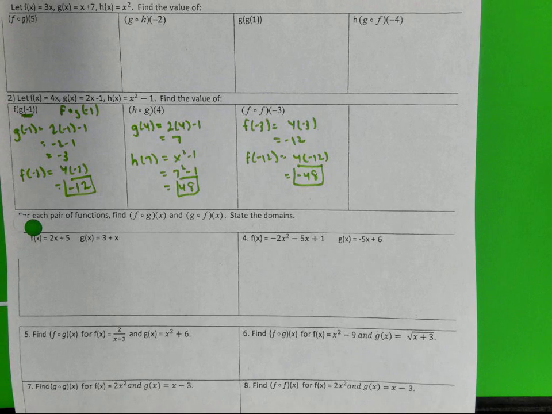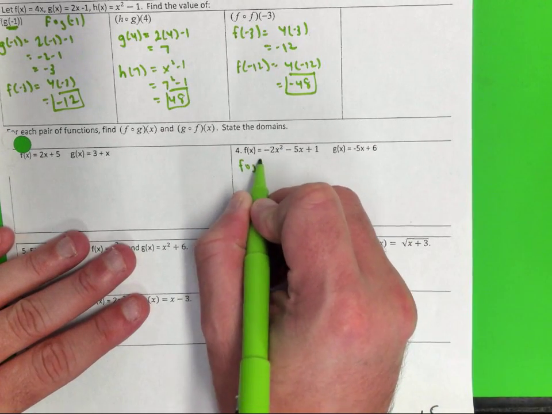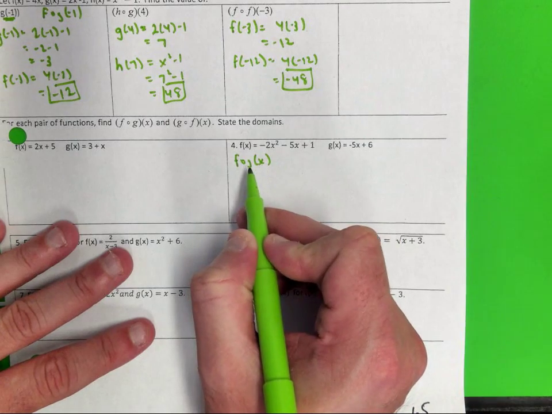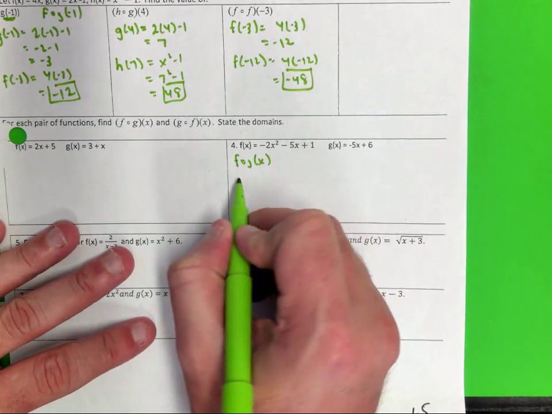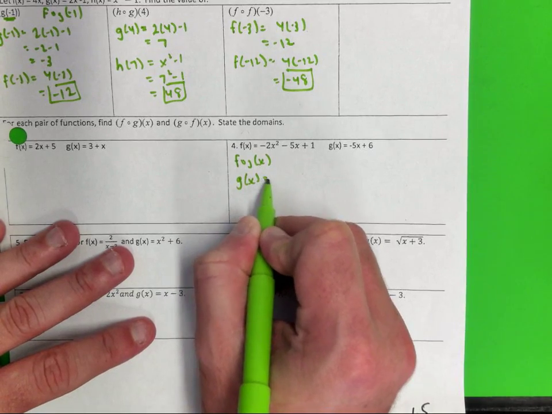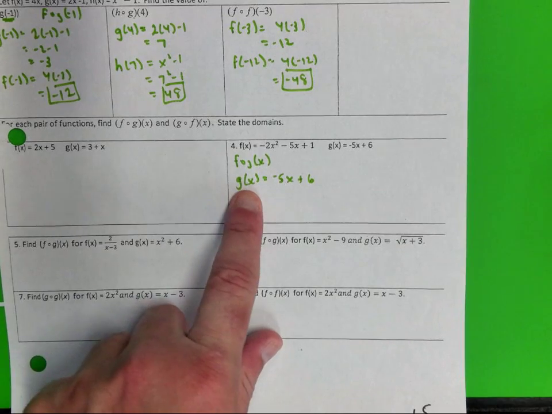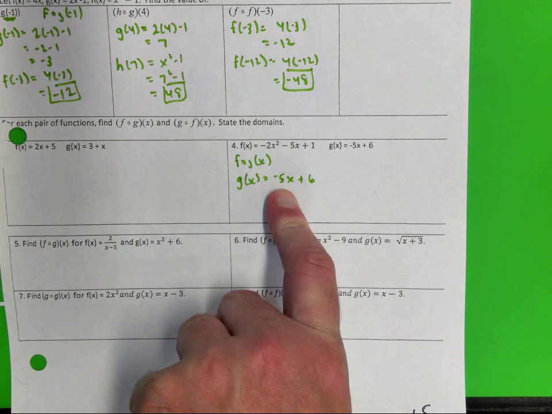And the last one for the day. Let's just do fog right now. F of g of x. X is closest to which one? G. So I'm going to say g of x equals negative 5x plus 6. I take x, I plug it in for x. Does it change that problem?